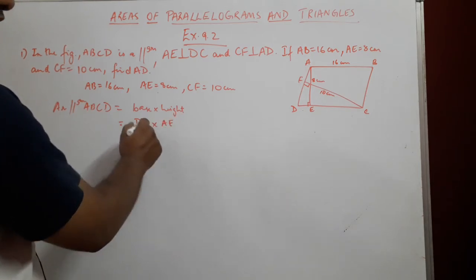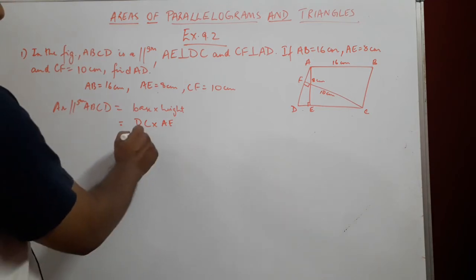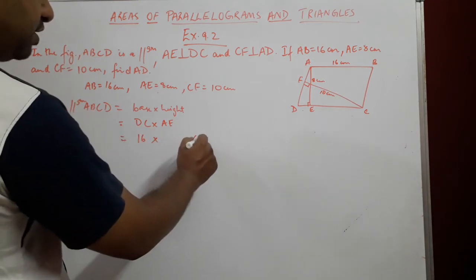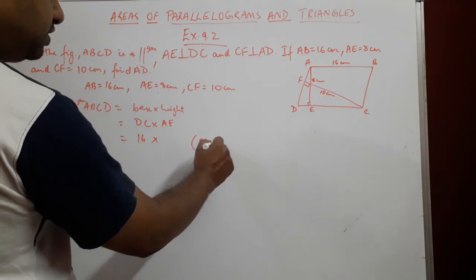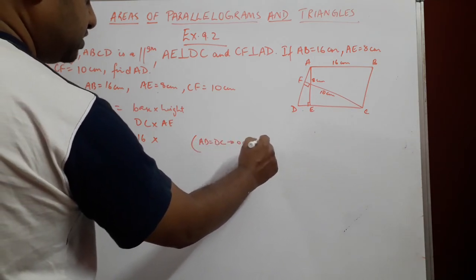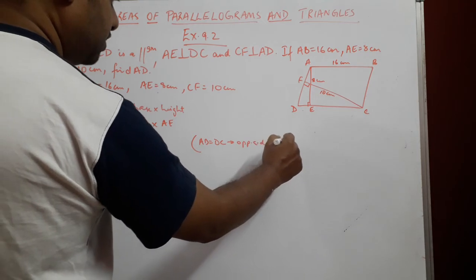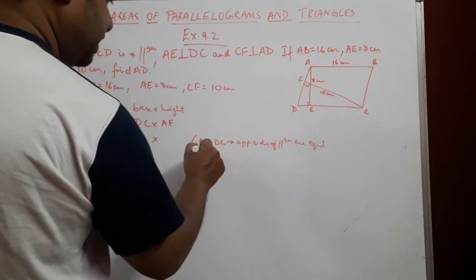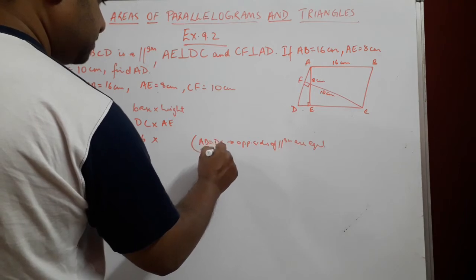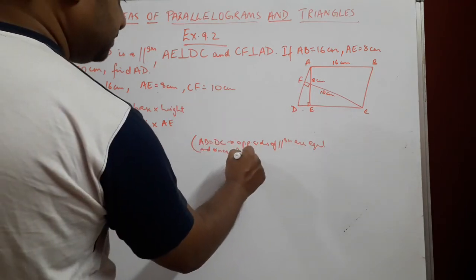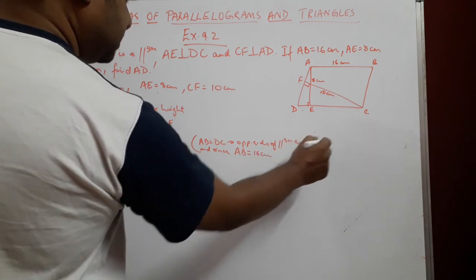Okay, now DC we can take equal to 16 centimeters, and I told you why. Write down over here, AB is equal to DC, since opposite sides of a parallelogram are equal, and AB is given as 16 centimeters.